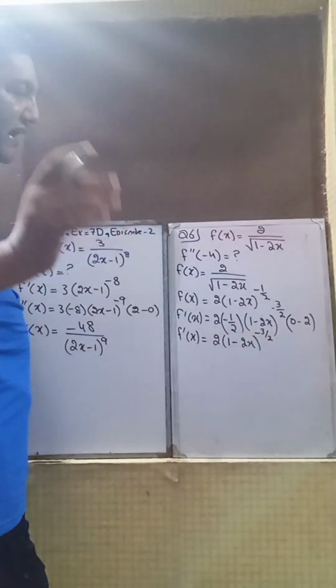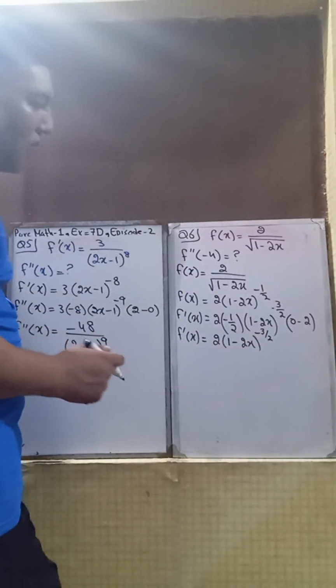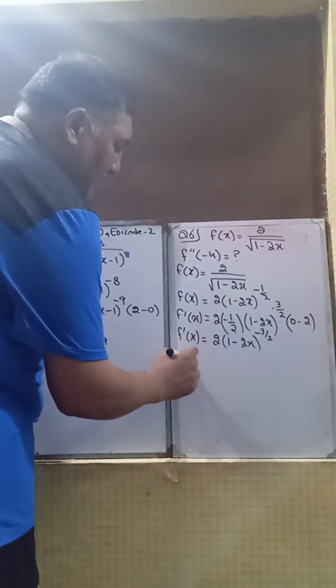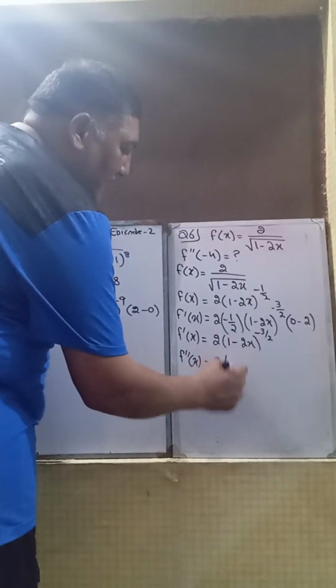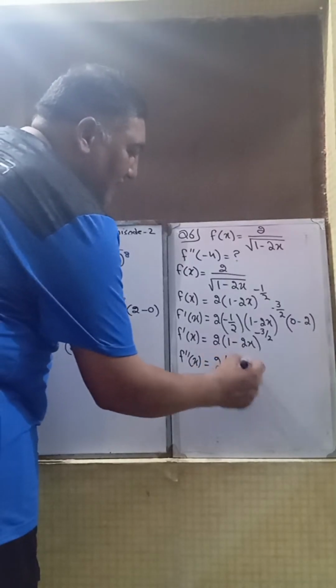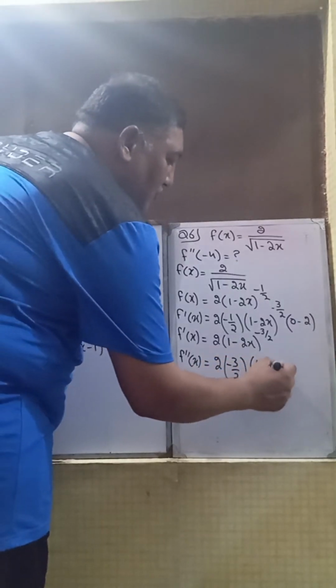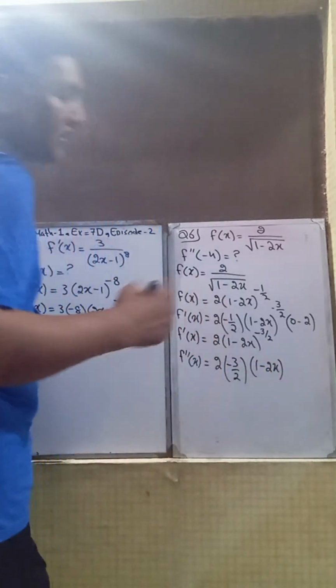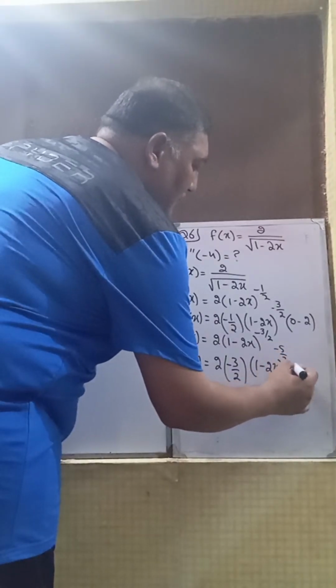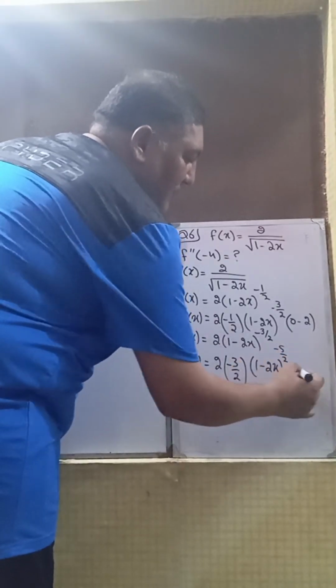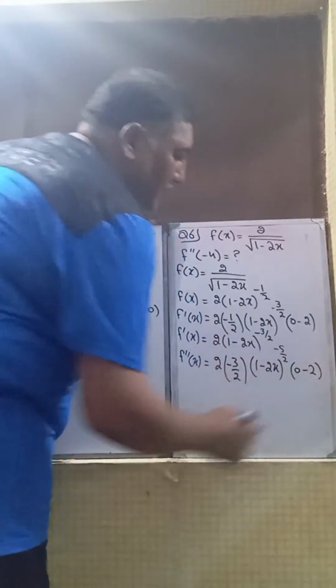Then I have to find the second derivative. The 2 will remain as it is, minus 3 by 2 will come on the side, and 1 minus 2x raised to power minus 3 by 2 minus 1, which is minus 5 by 2, into the derivative of this base, which will be 0 minus 2.